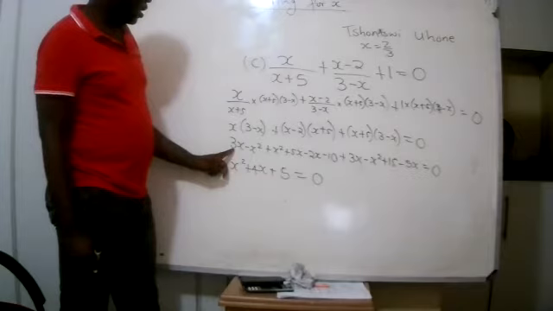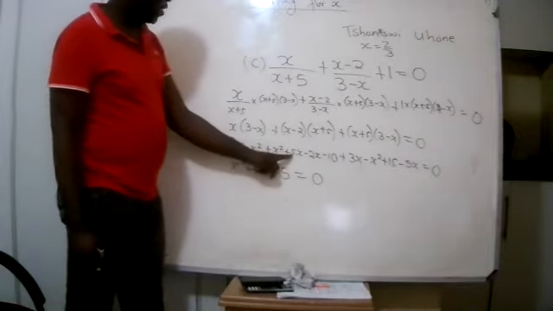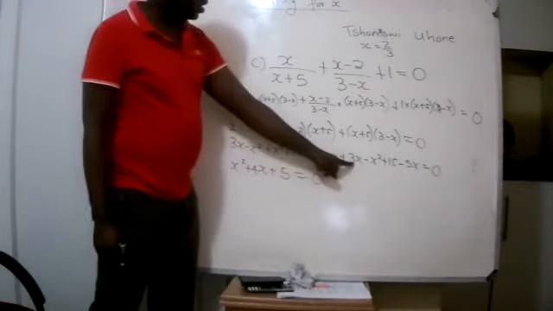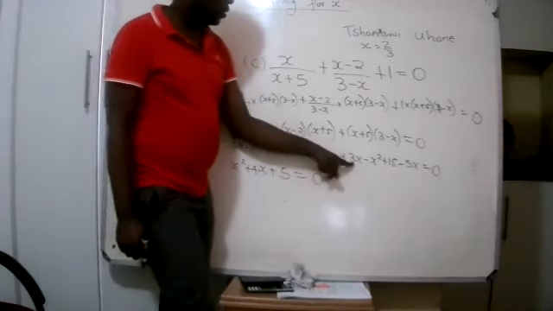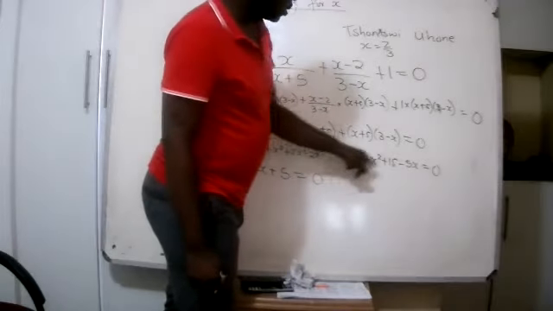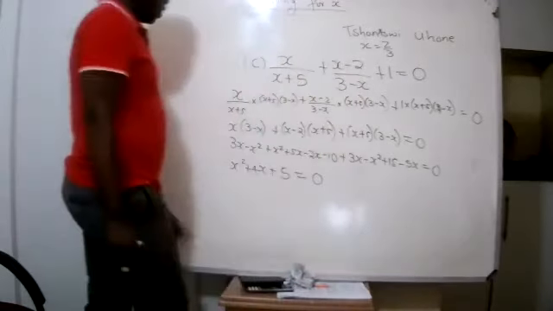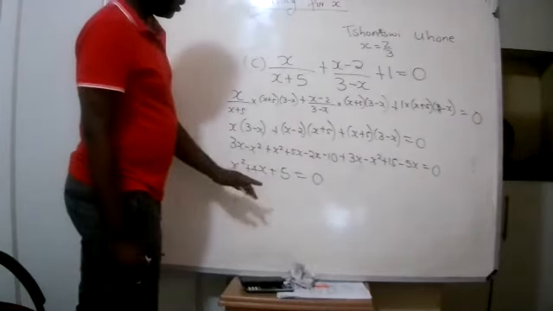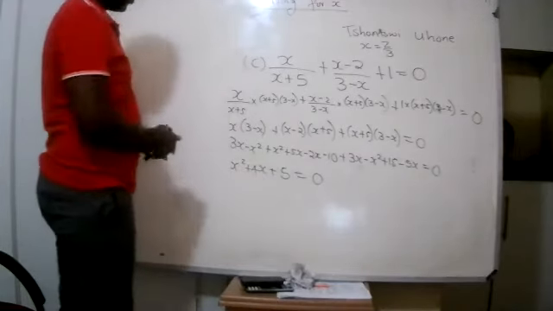Then here is 3 plus 5, which is 8, minus 2, which is 6, plus 3, which is 9, minus 5, which is 4. Therefore, it is 4x, which means that what we have there is correct.